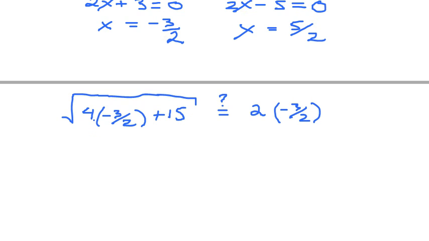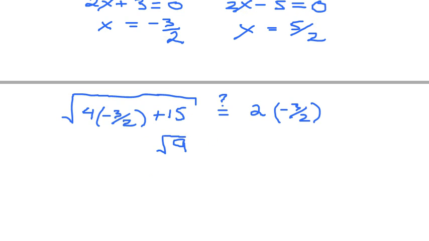Alright, let's take a look at this. 2 goes into 4 twice, and 2 times negative 3 is negative 6. Negative 6 plus 15 is 9.